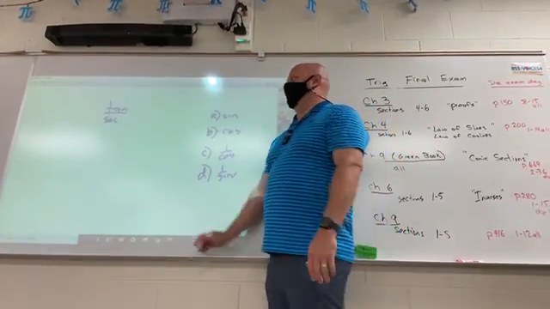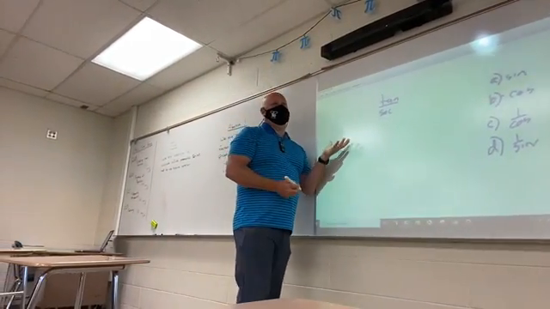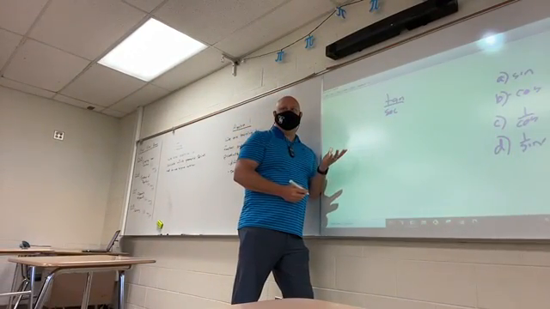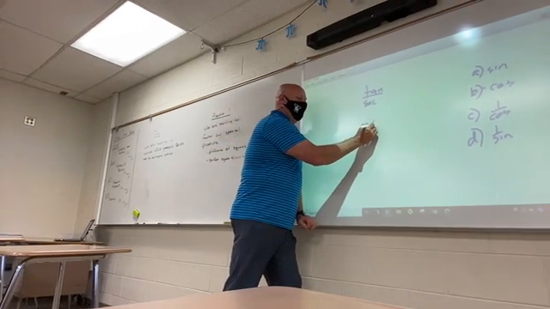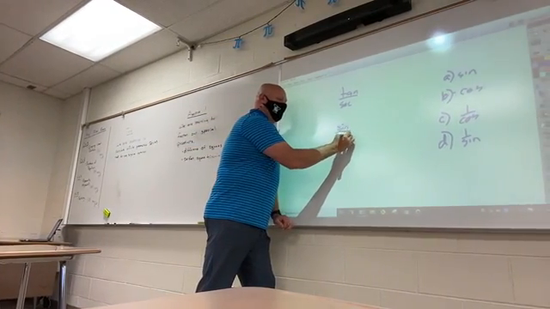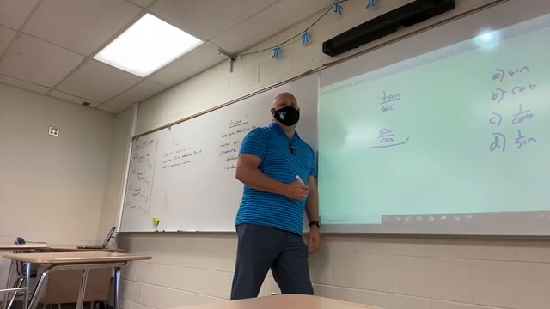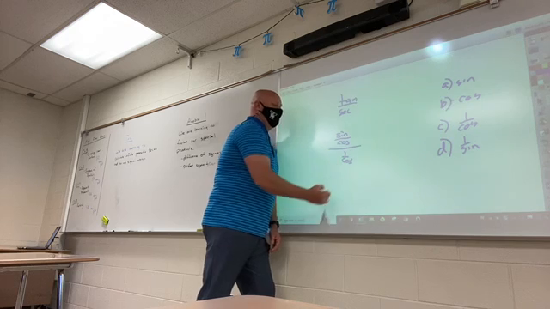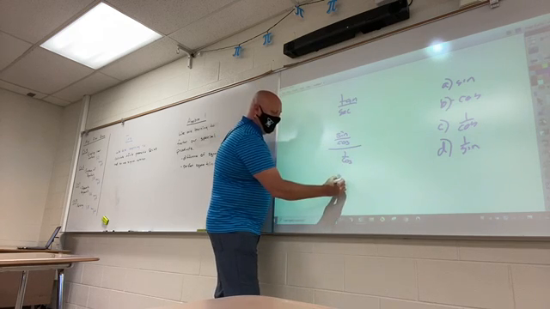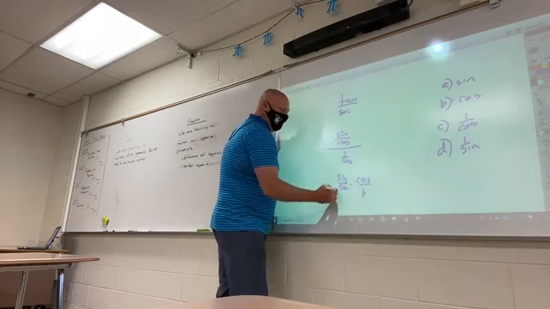So what you would have to do is just make a substitution. What could you change tangent into? Sine over cosine. And then you could change secant into 1 over cosine. You multiply by the reciprocal, so sine over cosine times cosine over 1.